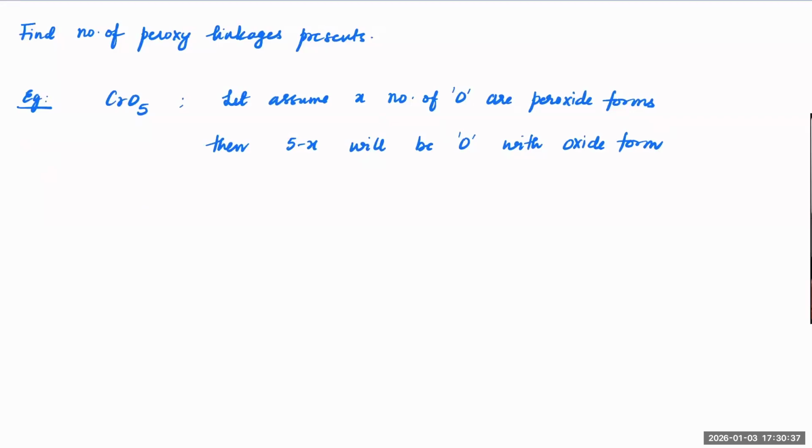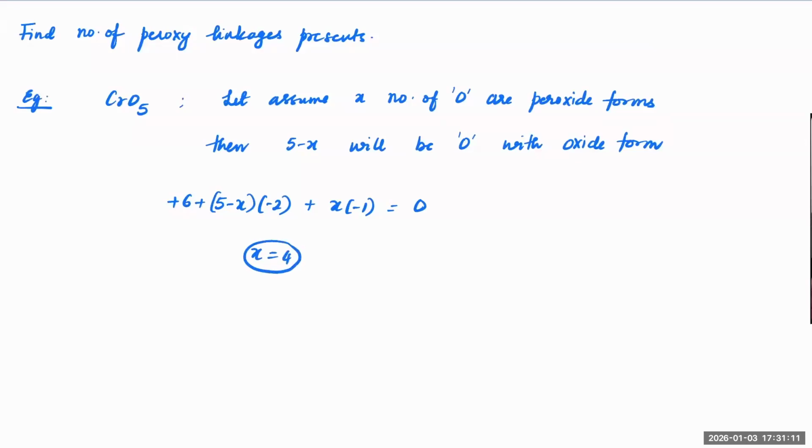And you know that chromium attains a maximum oxidation state of plus 6. So when you have peroxides, usually the maximum oxidation state is adopted. Therefore, you have plus 6 plus (5 minus x) times minus 2, because simple oxide will always have minus 2 charge, plus x times minus 1, which is peroxide, equal to 0. And from here we got x is equal to 4.